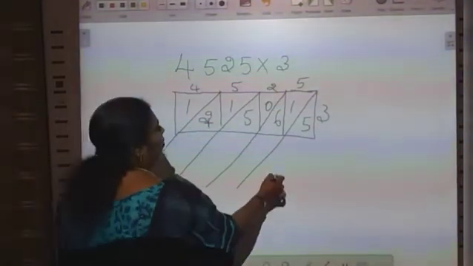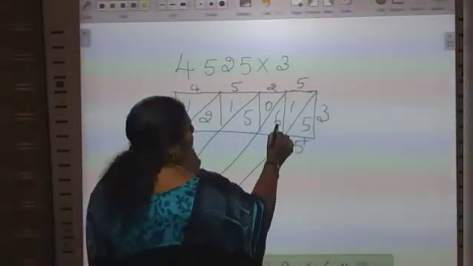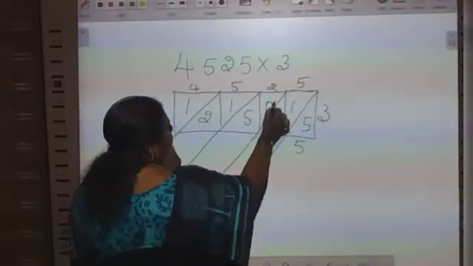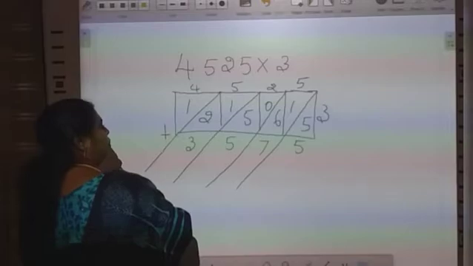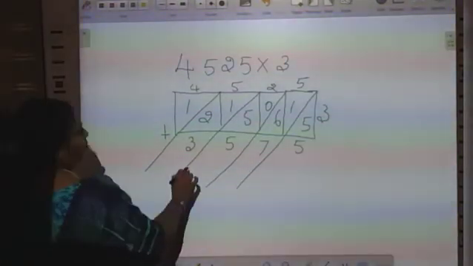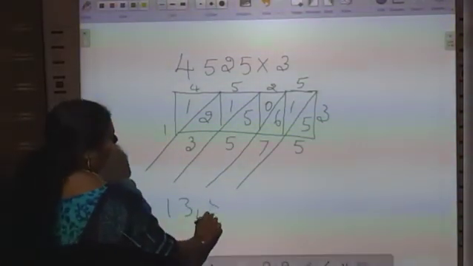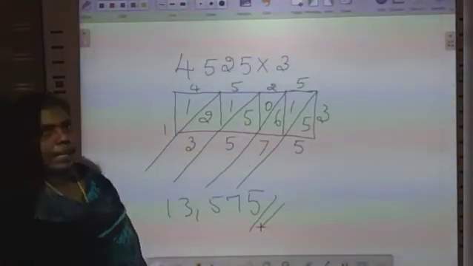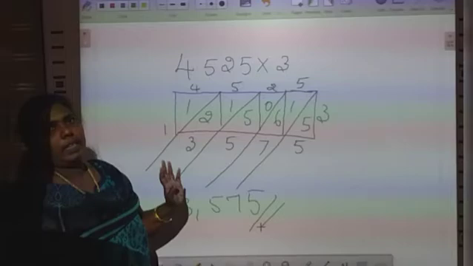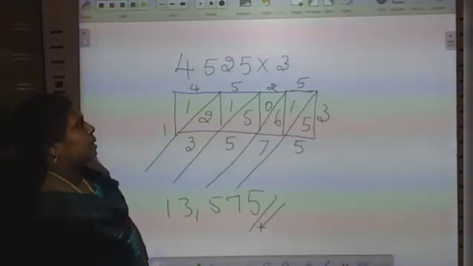Okay, now add the diagonal values. Here 5, here 6 plus 1 is 7, 5 plus 0 is 5, 2 plus 1 is 3, here 1. So the answer is 13,575. The product is 13,575, right? This is the lattice method, isn't it? Yes.